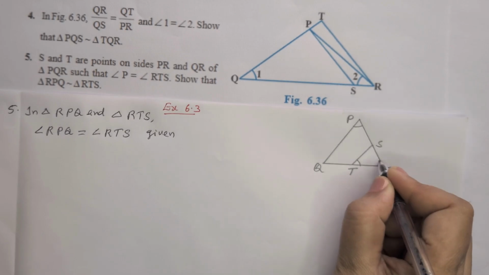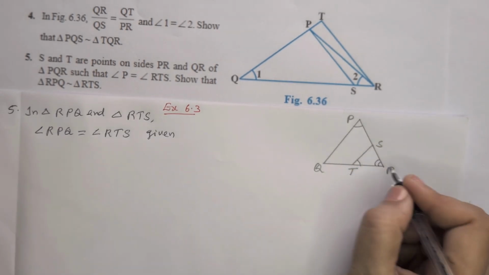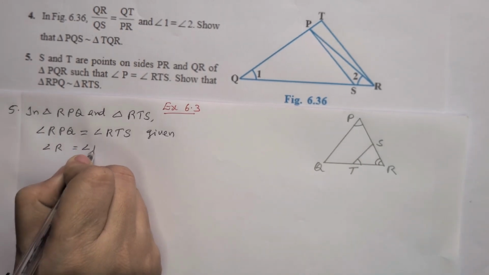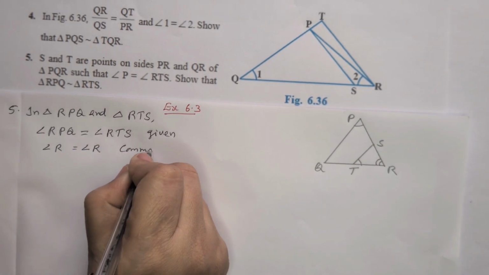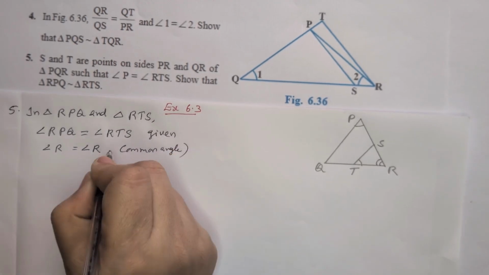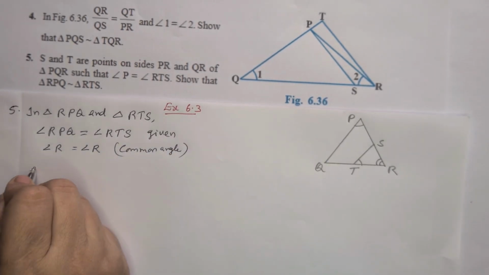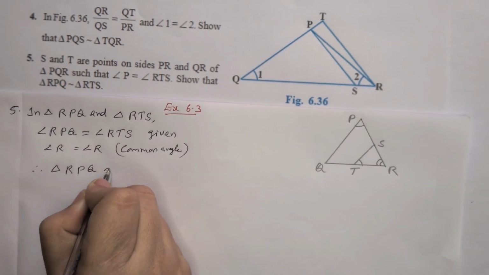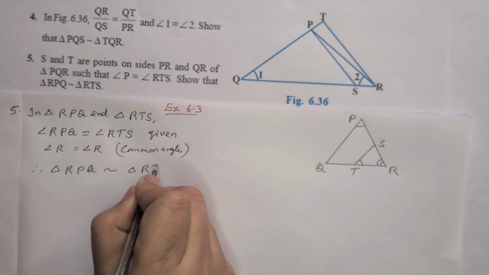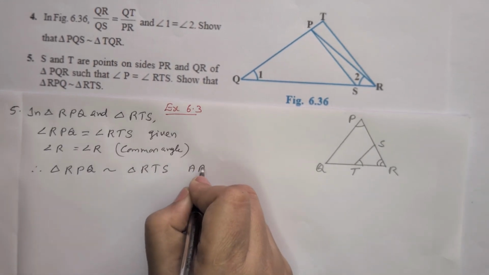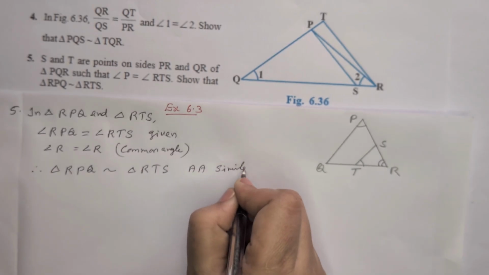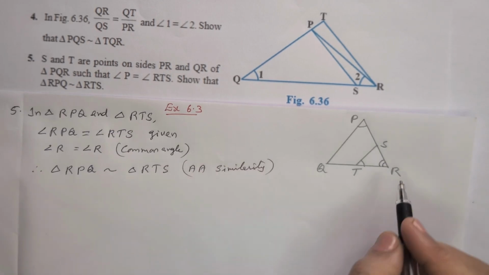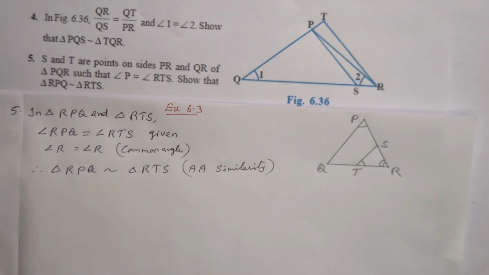And this angle is common to both the triangles, the smaller one and the bigger one. So we can write angle R is equal to angle R, common angle in both the triangles. Therefore, triangle RPQ is similar to triangle RTS using AA similarity. Two corresponding angles are equal, so we can prove that these two triangles are similar.